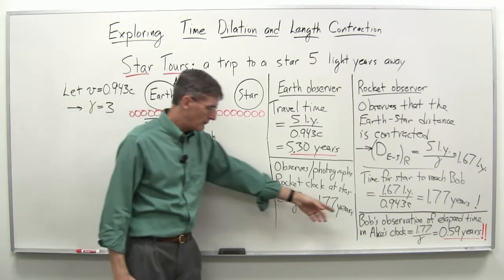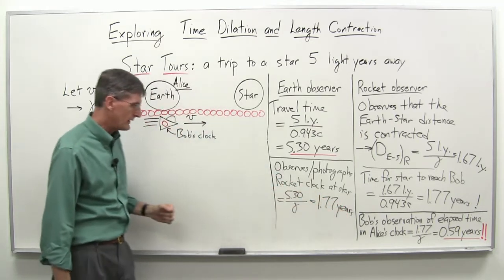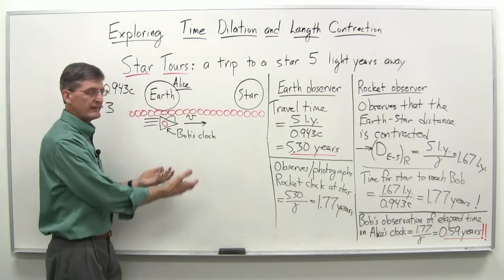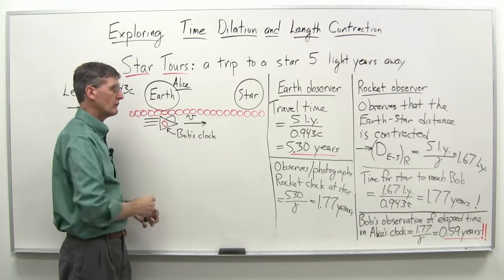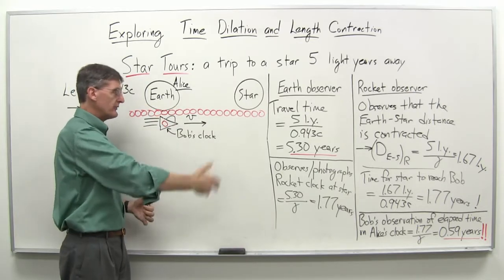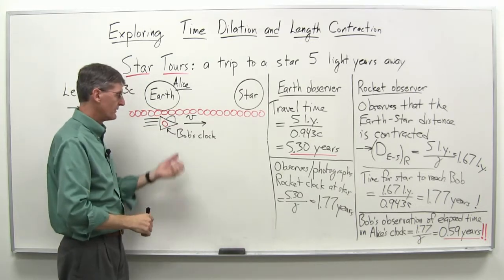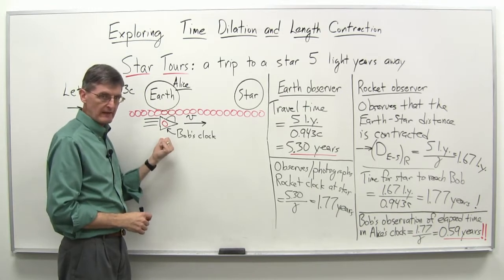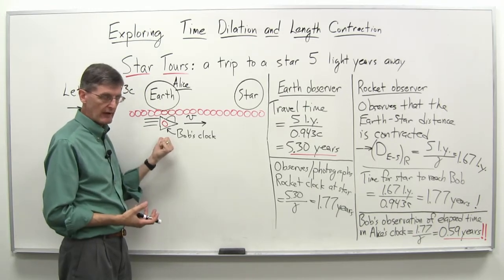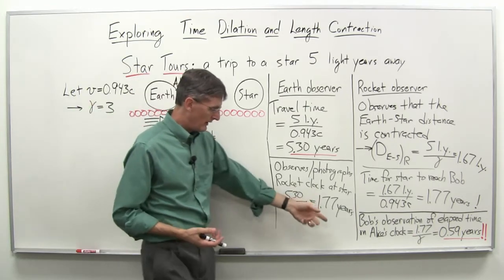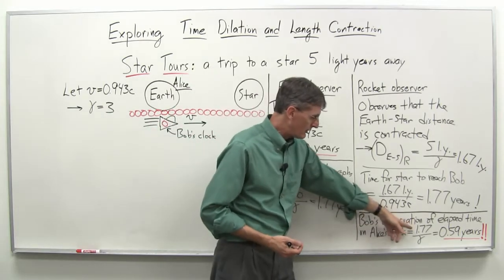So we said Bob's observation of the elapsed time on Alice's clock. He's sitting there, he's watching Alice's clocks go by. He compares the timekeeping on her clocks to his clock and sees a time dilation factor such that, I squeeze it in down here, it's 1.77 years.